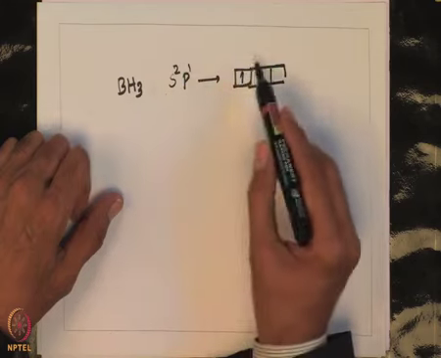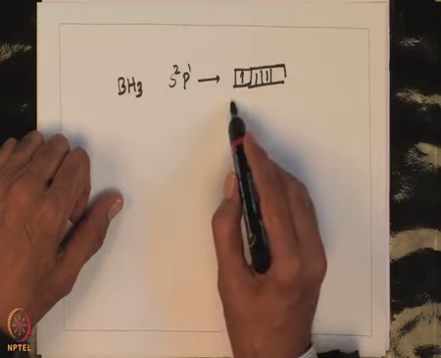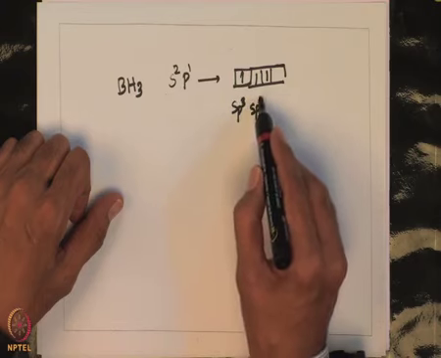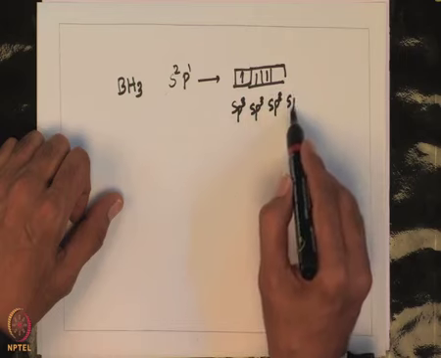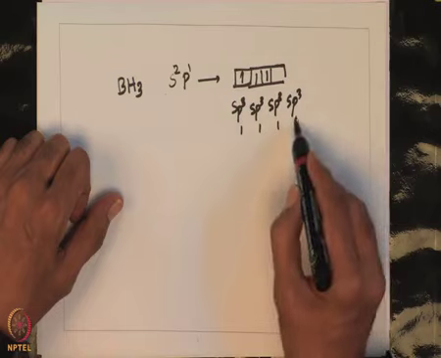That means an s electron is promoted to p, to have a situation like this: we now have 4 sp3 orbitals, one electron, one electron, one electron, and here no electron.